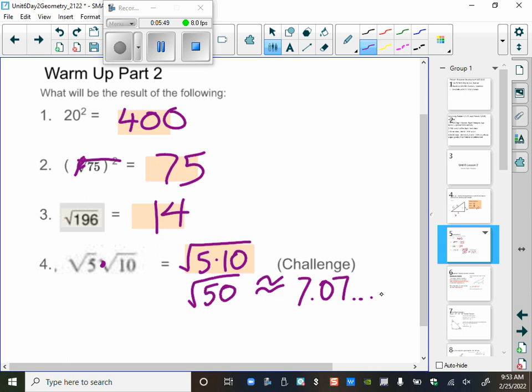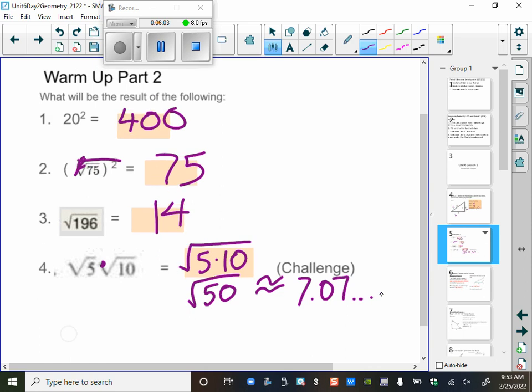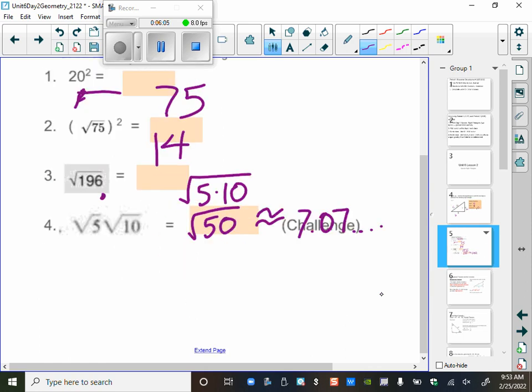So I don't want you to think, oh, I did wrong. You didn't. They just went straight to the final decimal equivalent. But anytime you see a radical times another radical, multiply your two radicals.